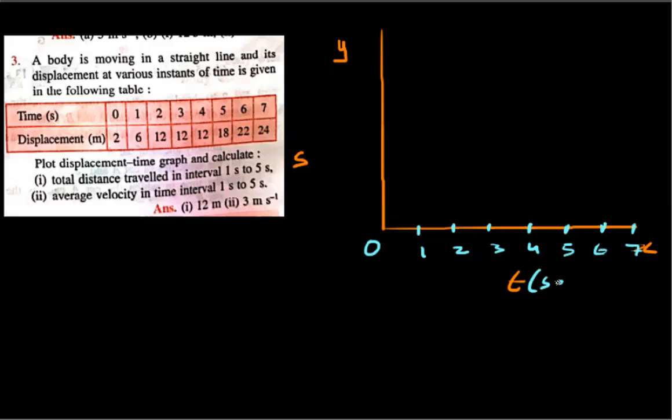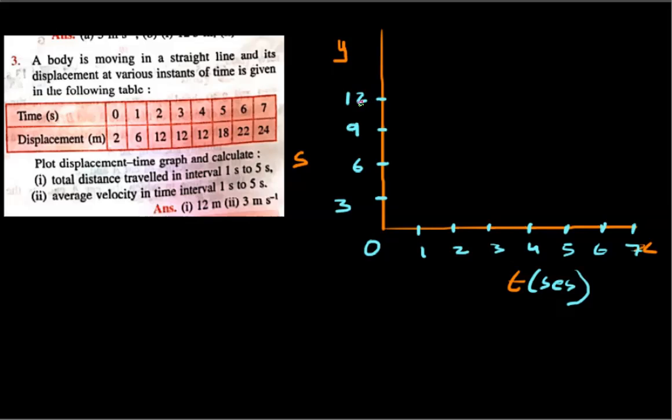Now again, the time is given in seconds. Now if you look at the displacement, it goes all the way from 2 to 24. So we can take 1 centimeter equals 3 meters. So let's say this is 3 meters, this is 6 meters, this is 9, this is 12.